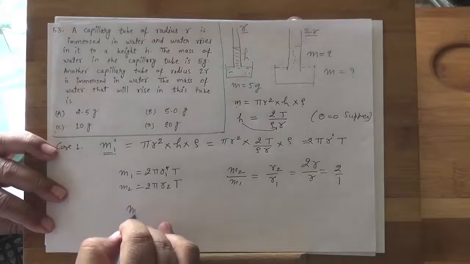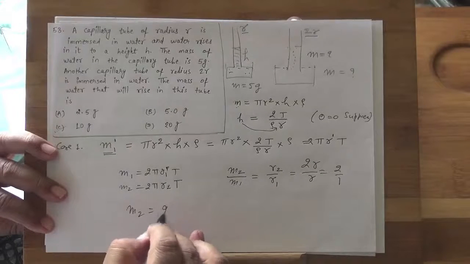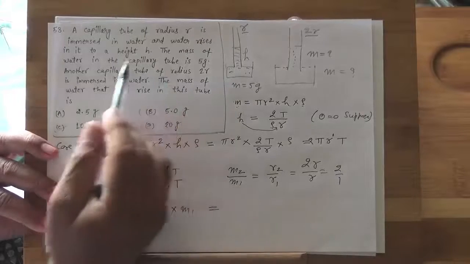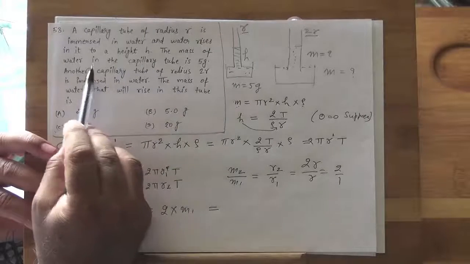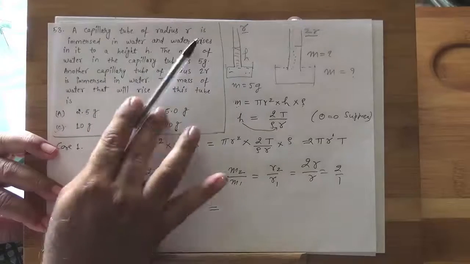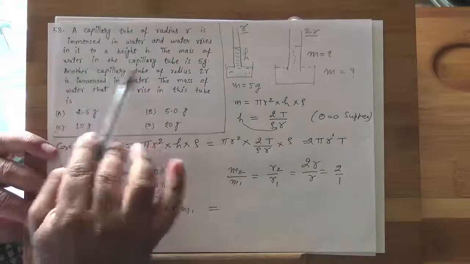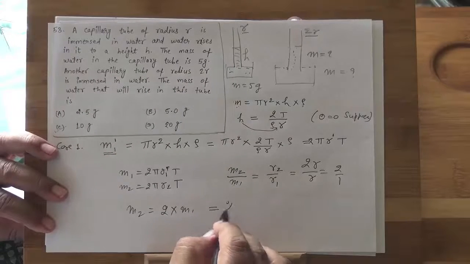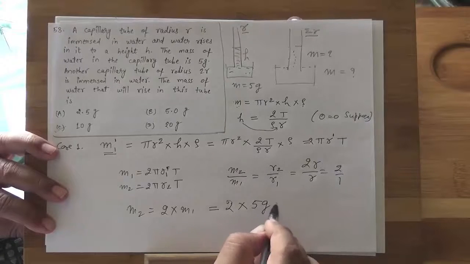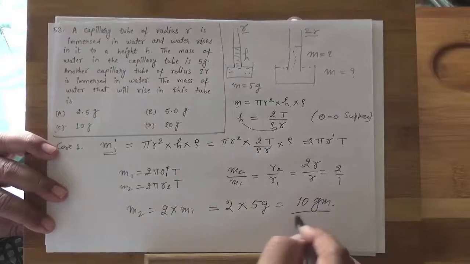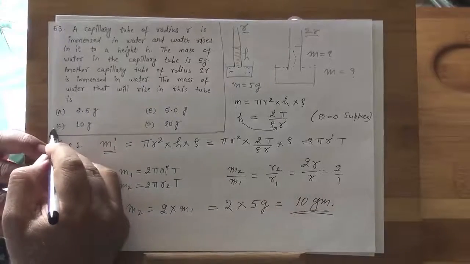So M2 is equal to twice of M1, and M1 is given as 5 gram. M1 is 5 gram, 2 into 5 gram. So the answer comes to be 10 gram. This is how we make it.